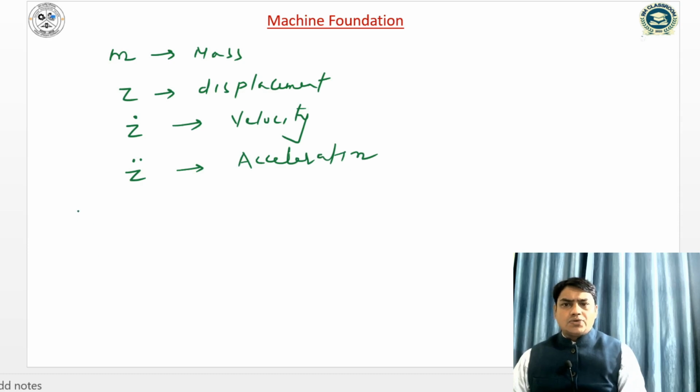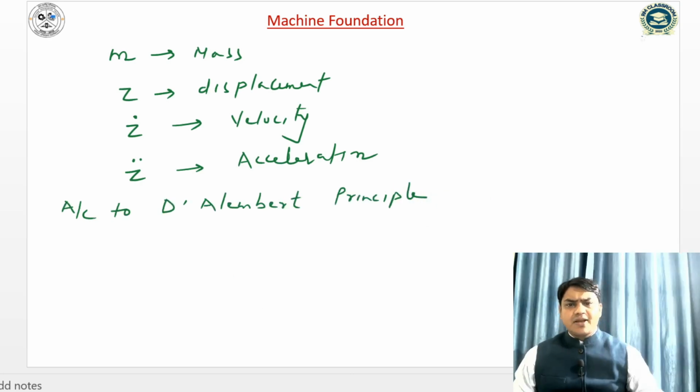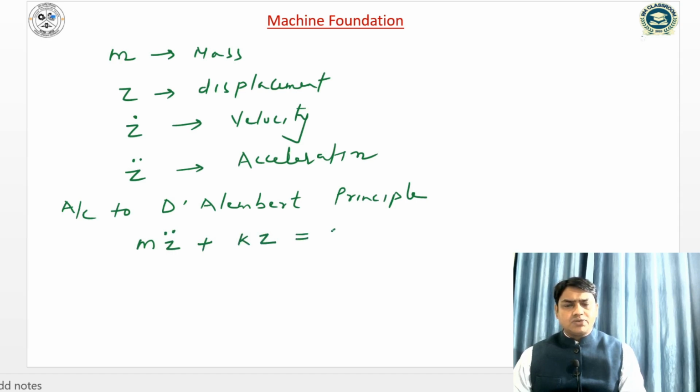So here according to D'Alembert principle, we can write mass into acceleration plus spring force, that is k into z, is equal to 0.